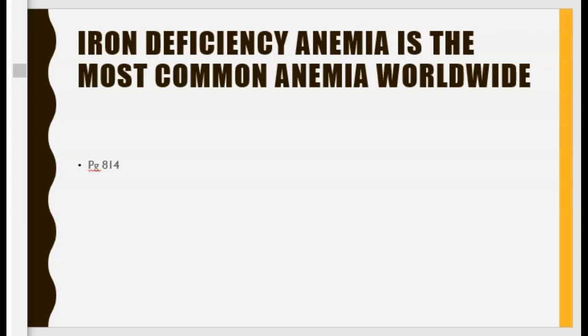A lot of times the older population just don't have the money to buy the food that they need, and therefore they're not eating the proper amount of iron in their diet. So sometimes it's financial. Don't leave that out of the picture. I know it's not what the book said, but it's sometimes a financial problem also. They just don't have the money.